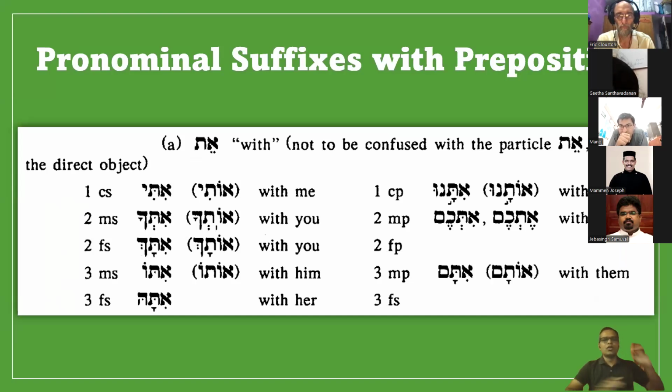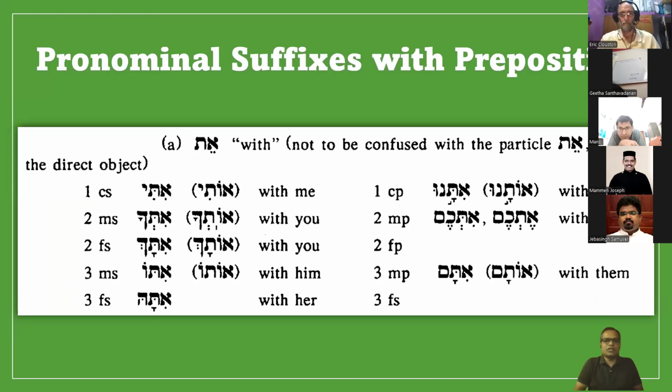We have to understand this perfectly because, as I have said, et the sign of direct object will also receive pronominal suffixes, and when it does you see the replacement of tsere with holam. Here, with et meaning with, tsere becomes hireq and the tav receives dagesh forte.